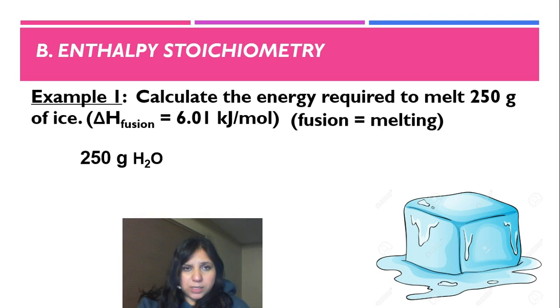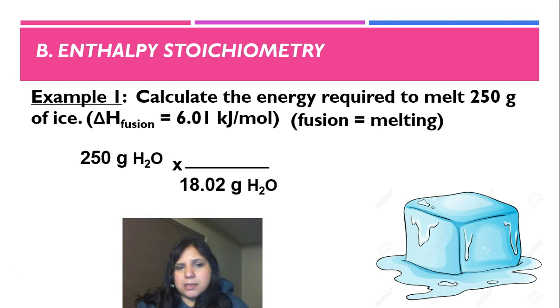We'll do some stoichiometry. What we'll do is start with our number with its units. The delta H of fusion is like a conversion factor here. It's 250 grams of water. Now, what you have to do with these is change them into moles, because delta H of fusion is in terms of kilojoules per mole. So we'll take water and multiply it by 1 over the molar mass so that you can cancel out grams.